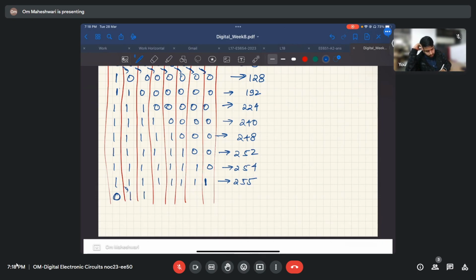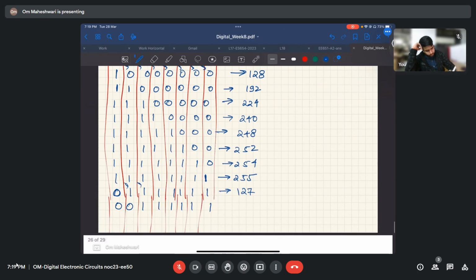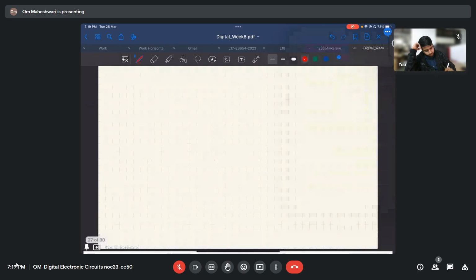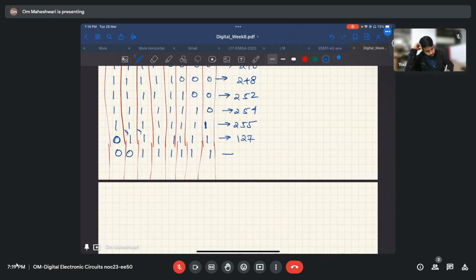This will shift. It is 01111111, 127. Then 00111111. So this is 63. We'll have 00011111, 31. Right?